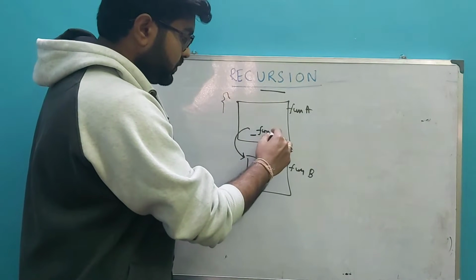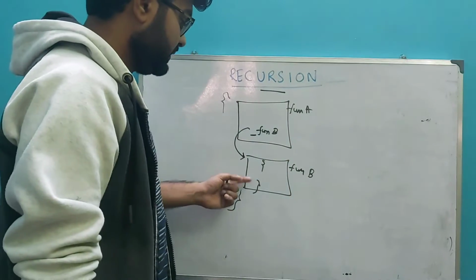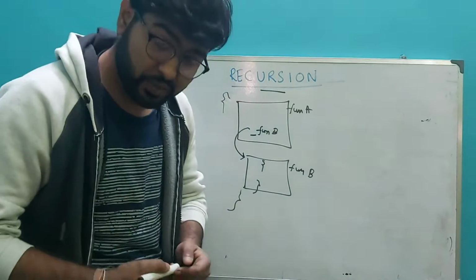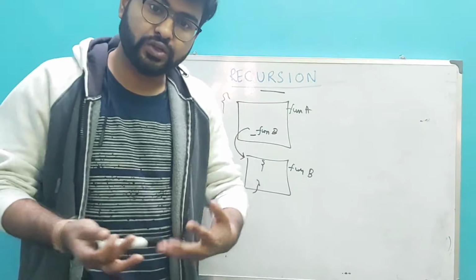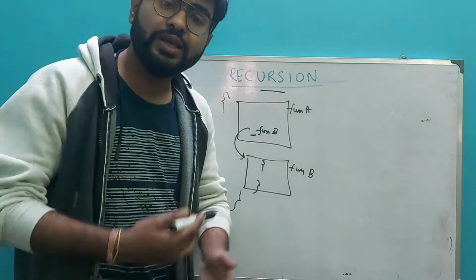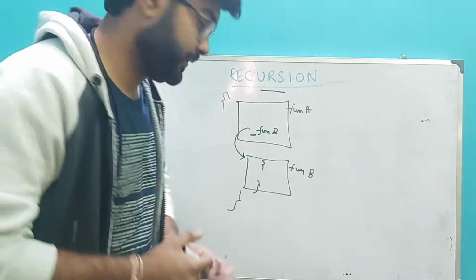I would call function b from function a, and function b would serve a purpose, or it would execute, generate a result, and give it back to function a after calling itself iteratively until a particular condition is fulfilled.